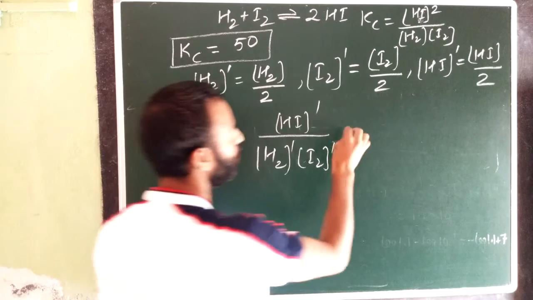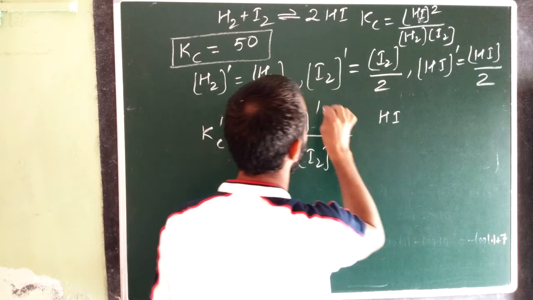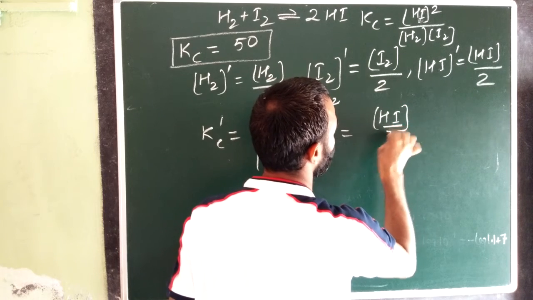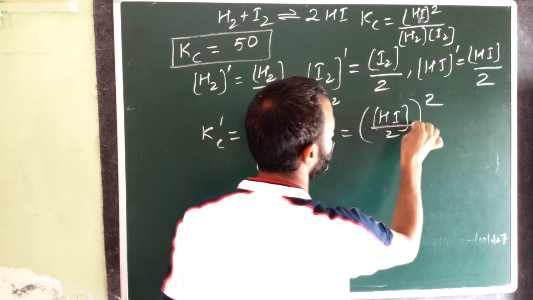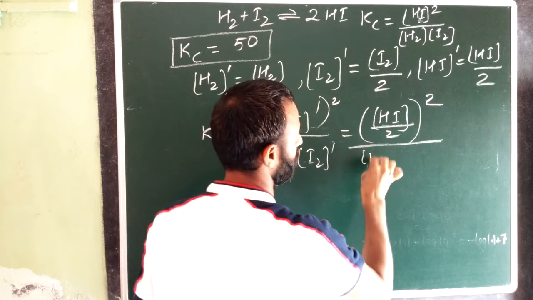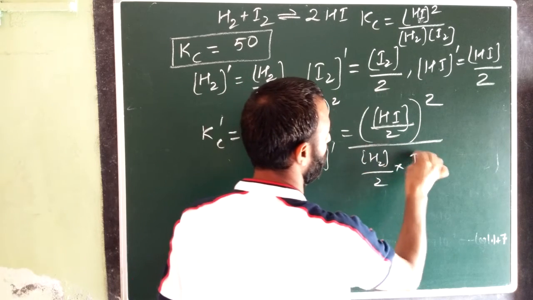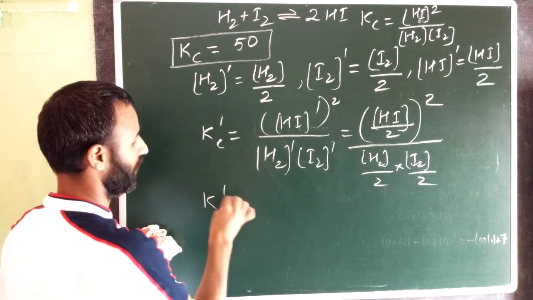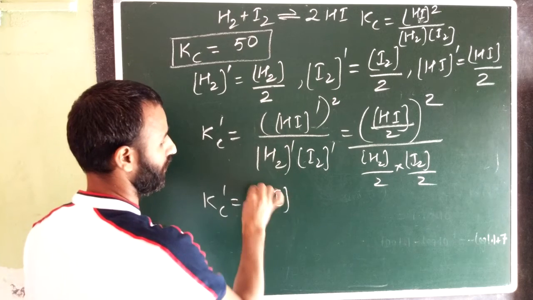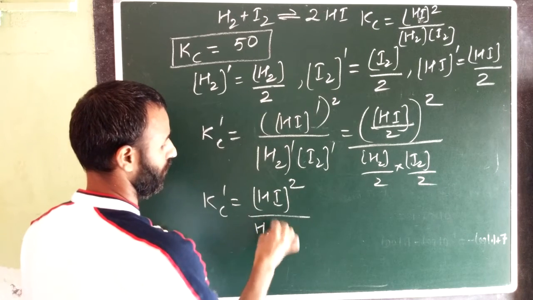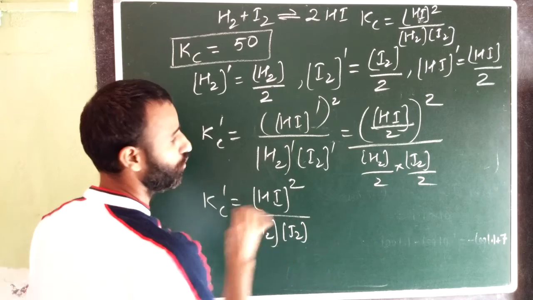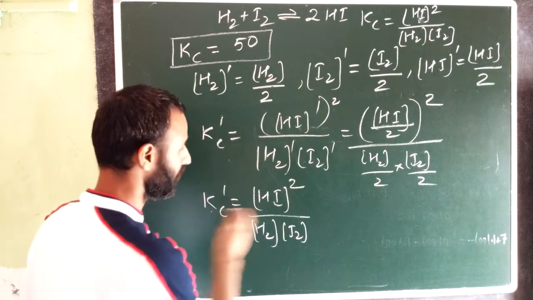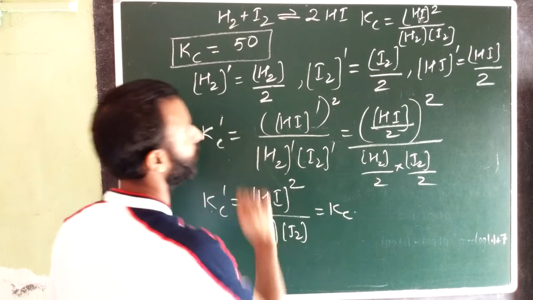So it becomes HI by 2 whole squared over H2 by 2 times I2 by 2. So Kc dash equals HI squared over H2 I2, with 2 to the 4 cancelling, which means Kc dash is equal to Kc.